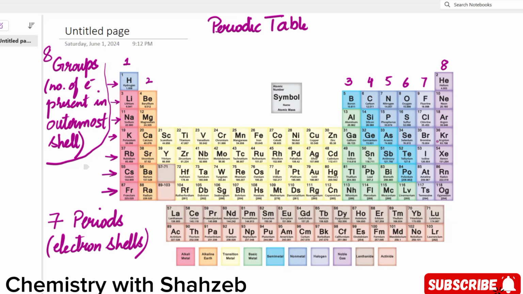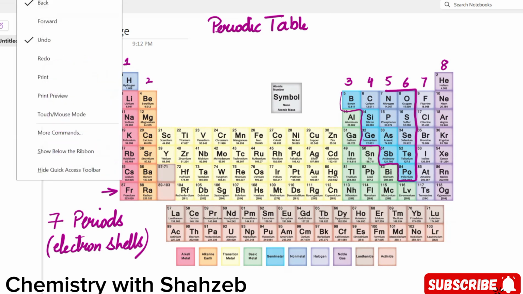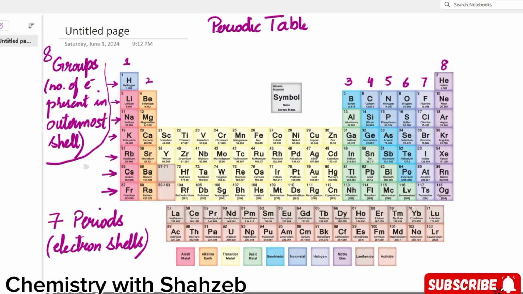Even group 3 are also metals. But there are some elements here, which you can see in blue color. They are called metalloids.